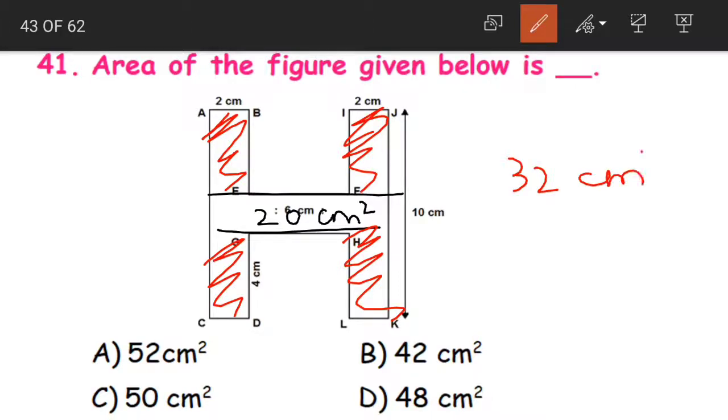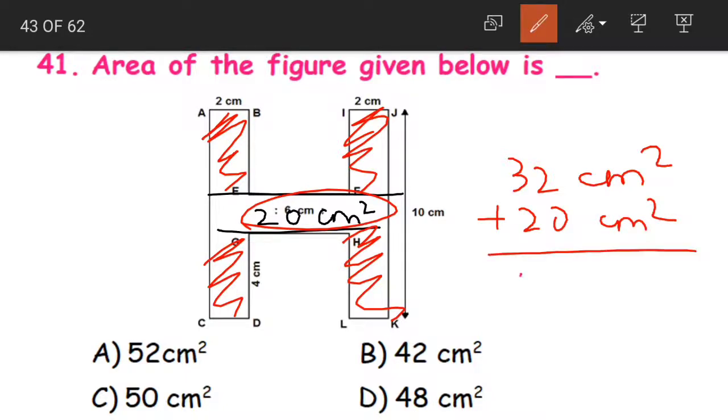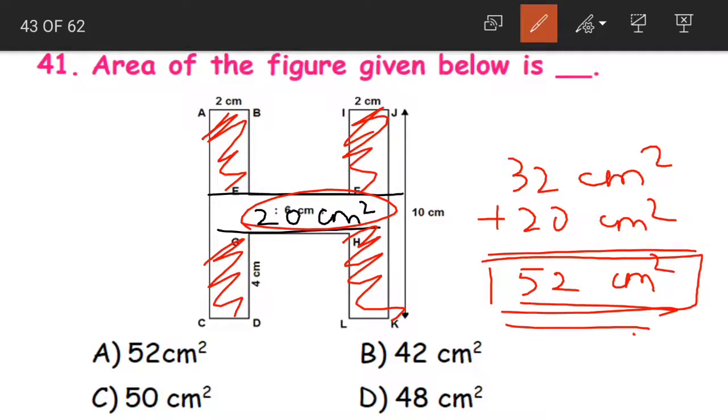It was 32 centimeter square. Yes or no? Now let us add the two areas together. 32 plus 20 centimeter square is equal to 52 centimeter square. Now this 52 centimeter square is the area of the figure given and that is our option A.